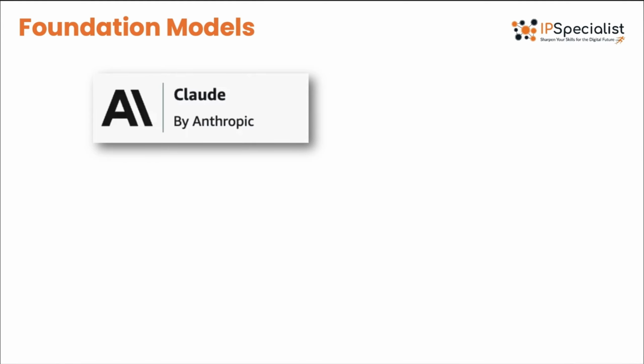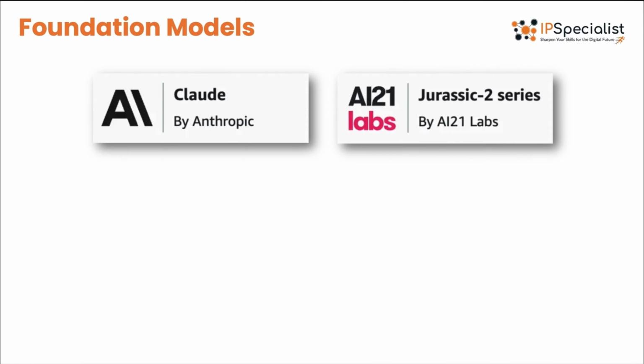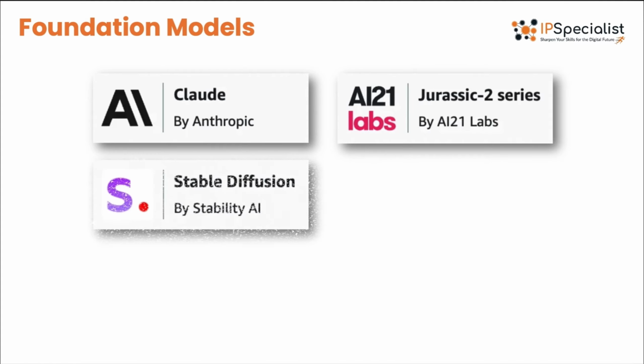and educational tools. Then, AI21 Labs' Jurassic models excel at language generation and summarization. These are a great fit if you're working on content creation tools, blogs, or automated writing assistants. Stability AI's Stable Diffusion allows you to generate images from text. If you're building visual design tools, creative platforms, or marketing assets, this model unlocks exciting possibilities.